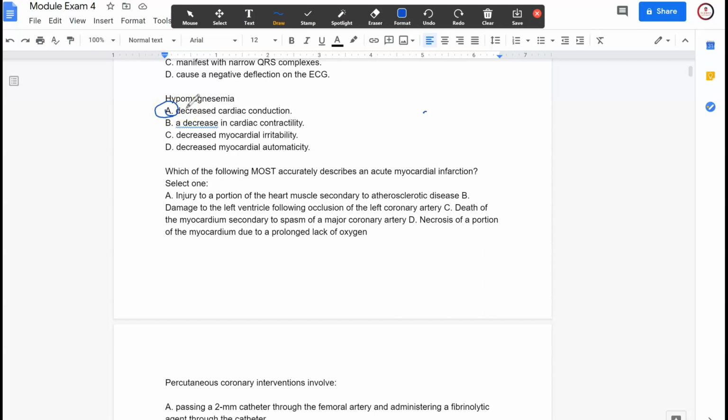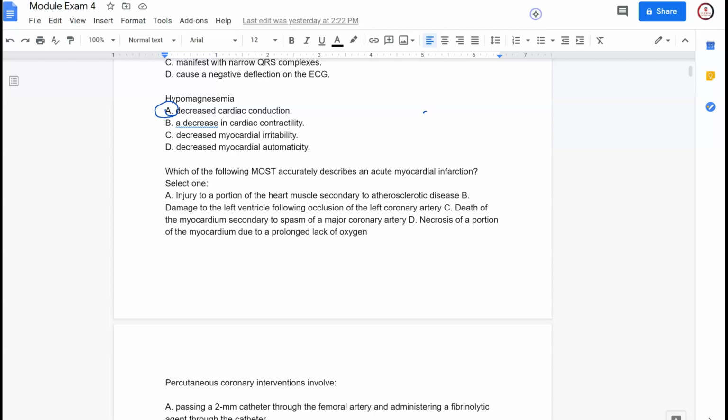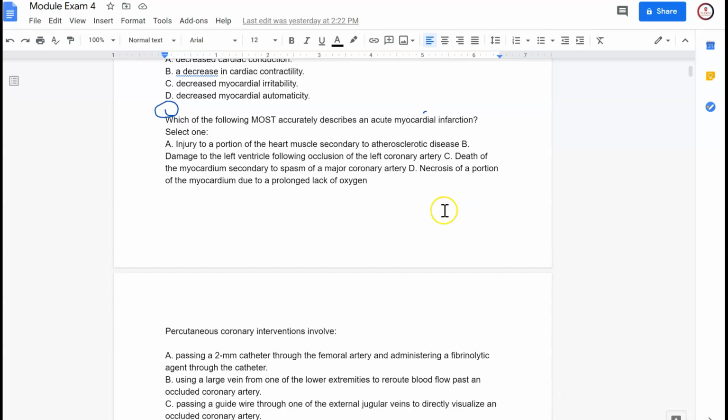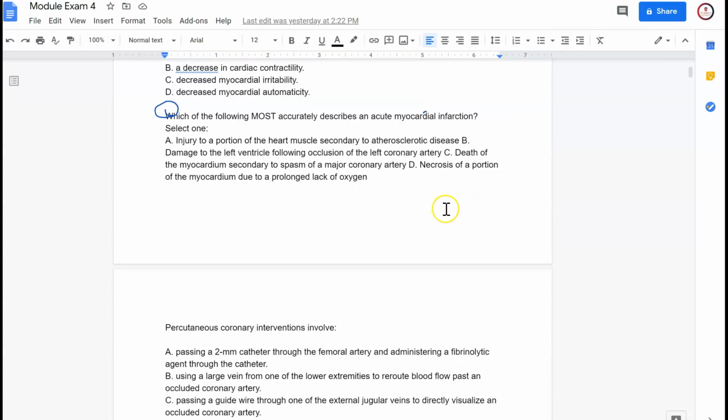Moving on. Which of the following most accurately describes an acute myocardial infarction? All right, hold on. Let me move this down a little bit. Oh, no, everything is there.